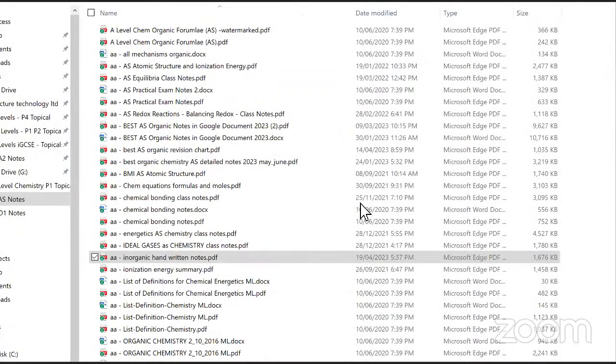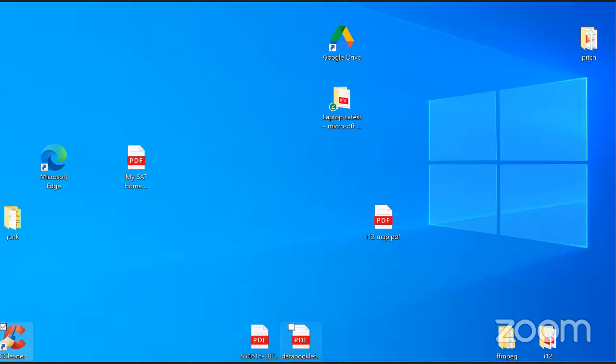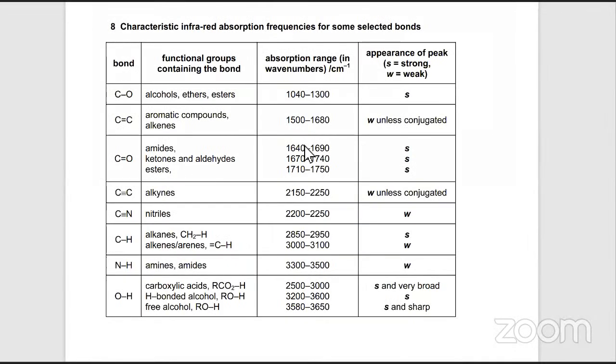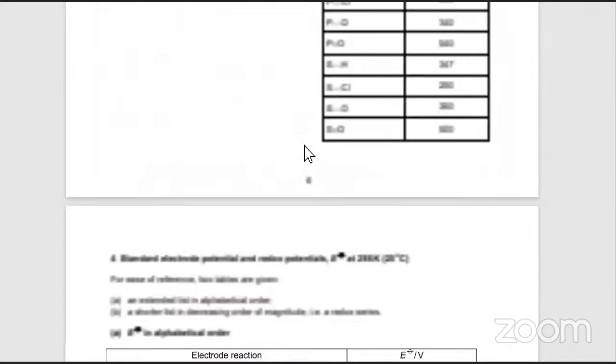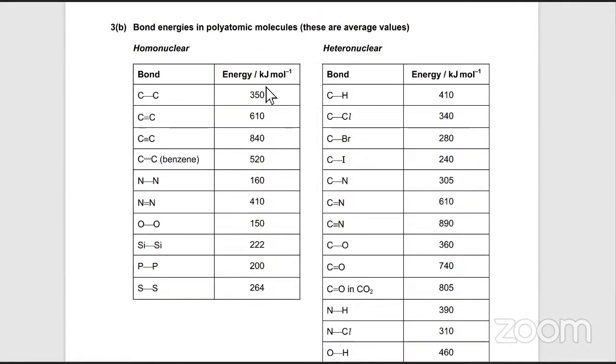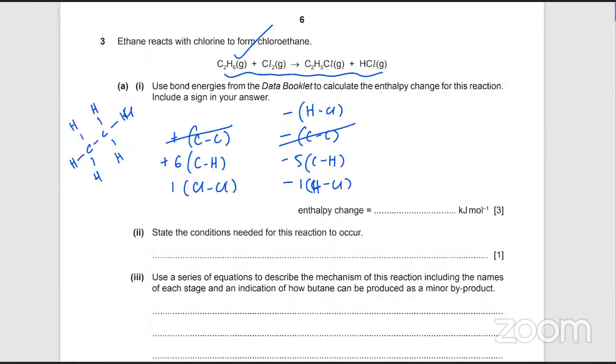It will be given along with the question. So what do we need to find? CC is 350. We didn't need that, it's going to get cancelled out anyway. CH, I mean the 5 CH will get cancelled out.